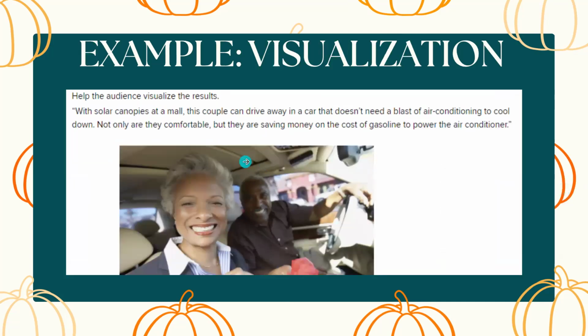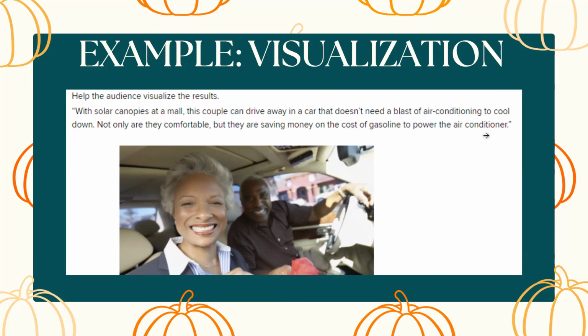Now let's visualize. This is going to be a positive visualization: with solar canopies at a mall, this couple can drive away in a car that doesn't need a blast of air conditioning to cool down. Not only are they comfortable, but they are saving money on the cost of gasoline to power the air conditioner.